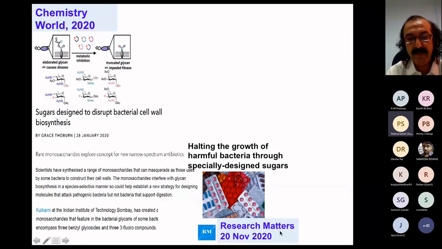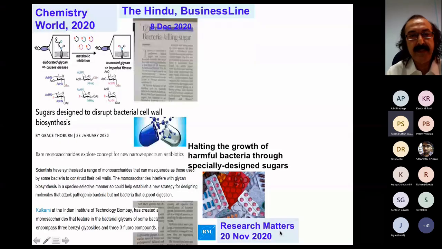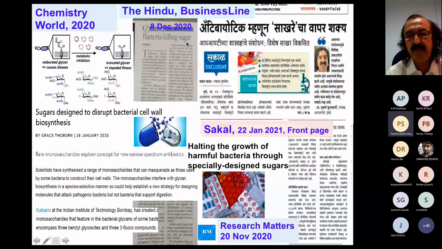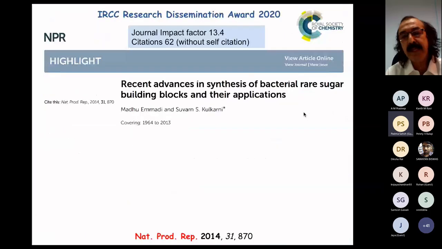This was also published in Research Matters. And then The Hindu made a story on bacteria-killing sugars. And very recently, even the very popular local newspapers, Sakal and Lokmat, made a cover story. This appeared on the main front page of the Sakal newspaper. So we are working in this direction. Our group as well as other groups are making use of our methodology to go ahead.